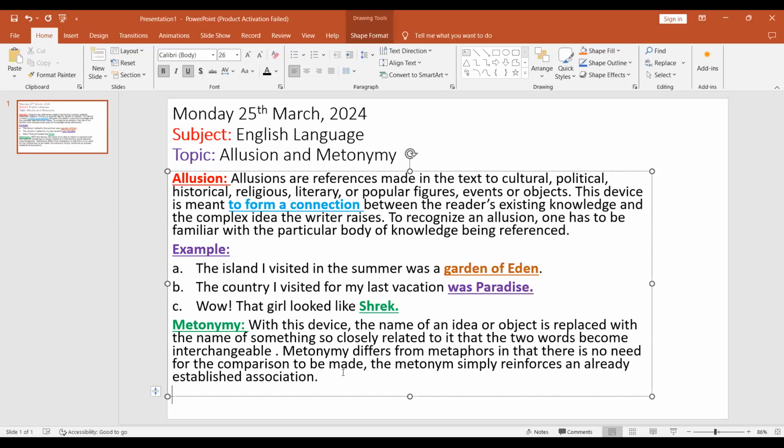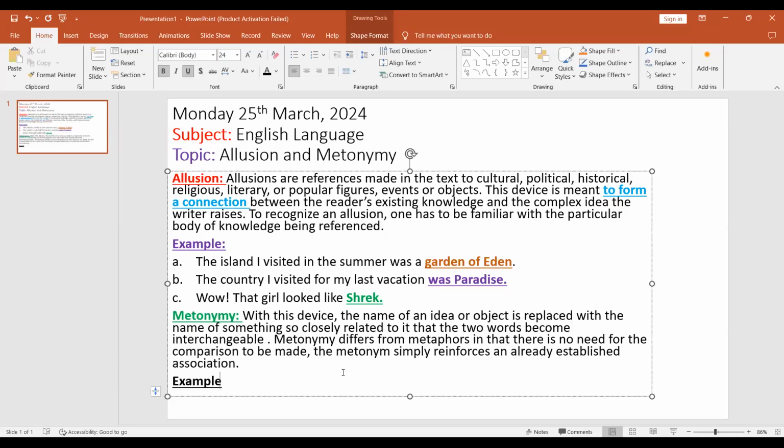So for example, John got shot from a robber.